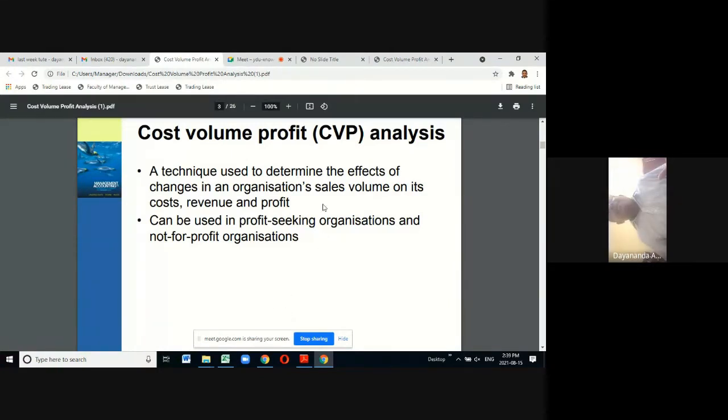You have to understand that in cost volume profit analysis, sales volume, the capacity, is independent. And cost, revenue and profit figures depend on sales volume. Are you clear what I'm telling? The sales volume is independent, and cost, revenue and profits depend basically on sales volume.